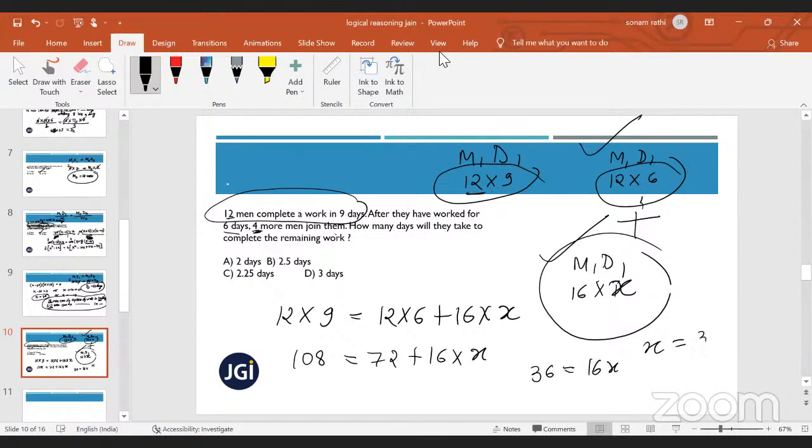X is equals to 36 upon 16, 2.25 days. Option C is the right answer. Did you get it? Okay. Next question.